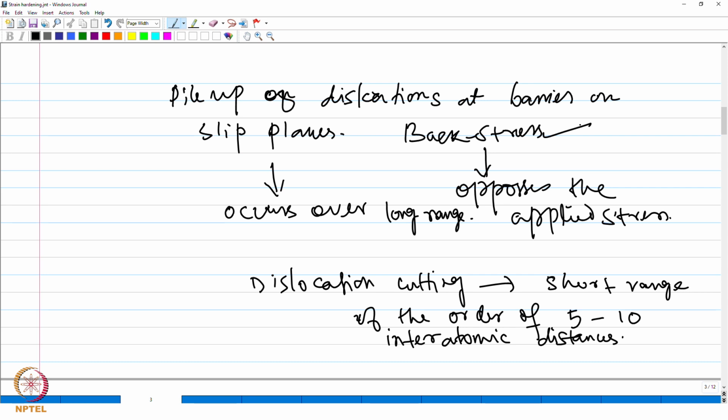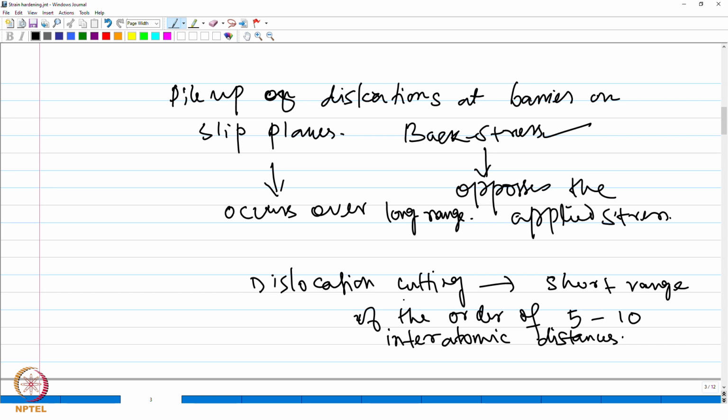And the other one is due to dislocation cutting mechanisms, which come up when dislocations move on the slip planes and interact with other dislocations moving on the slip plane.